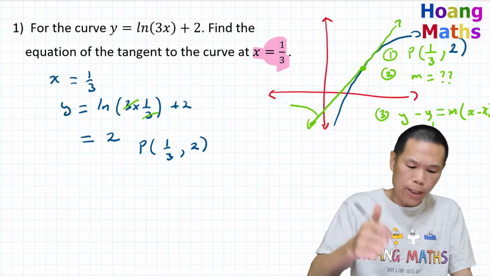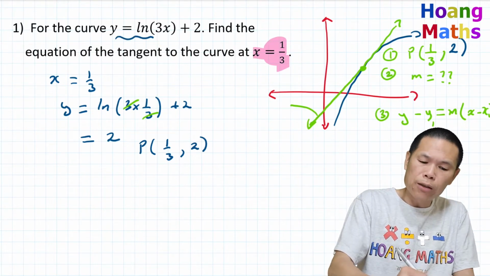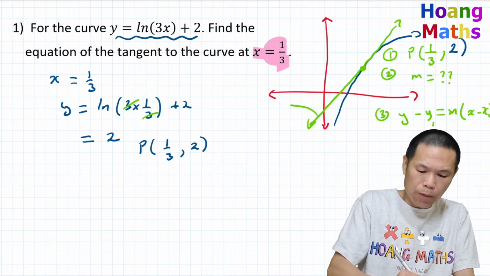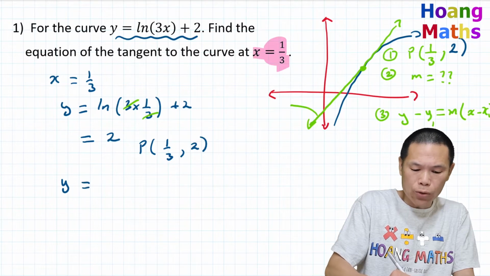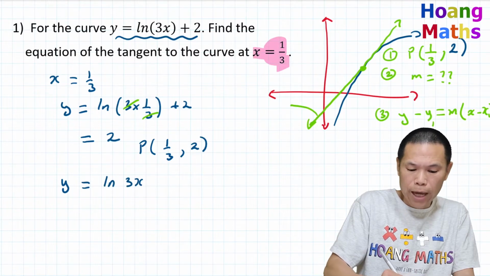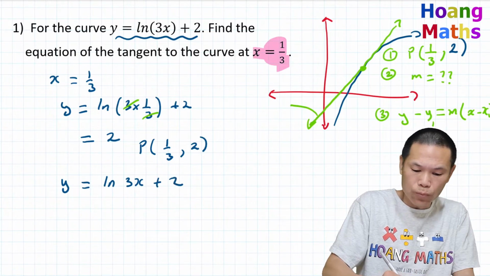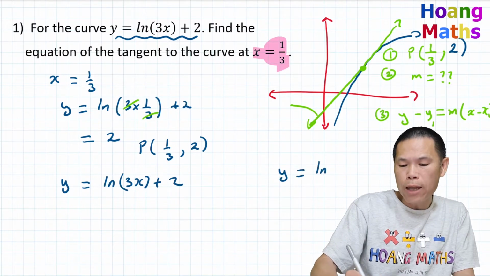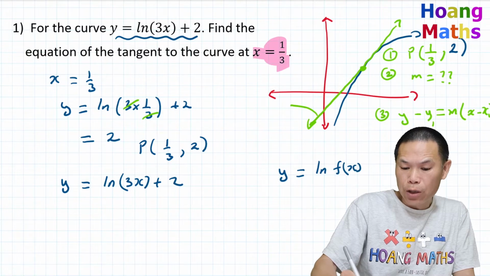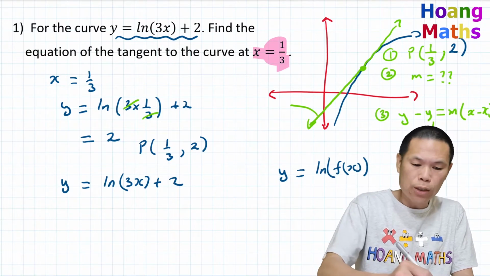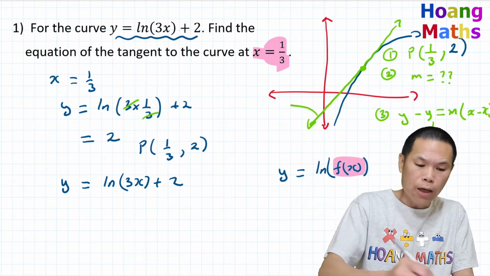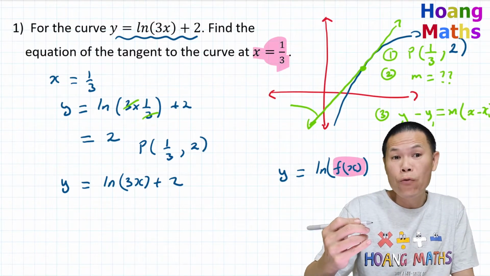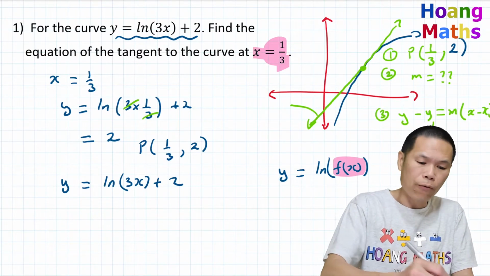To find the gradient, we differentiate this function first. Let me write this down. y is equal to ln of 3x plus 2. Now remember, y equals ln of f(x). To differentiate this, we differentiate the function f(x) and then divide by itself, that is over f(x).